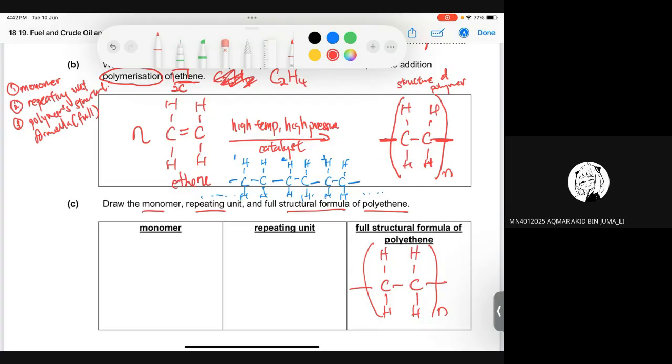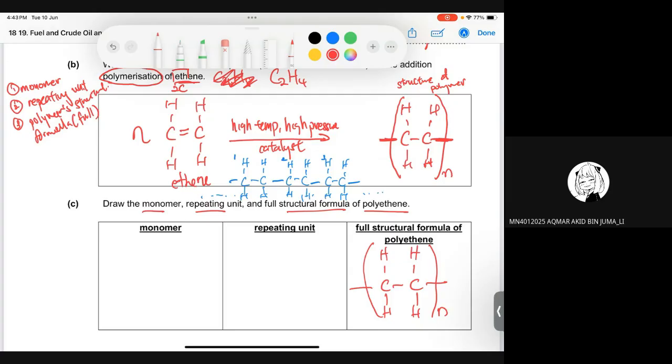The polyethylene is not the repeating unit. The polyethylene is like the whole molecule. The N is just to tell you that it repeats N number of times. So it is not the whole thing, it's just a specific part, right? What do you think will be the repeating unit in this case?